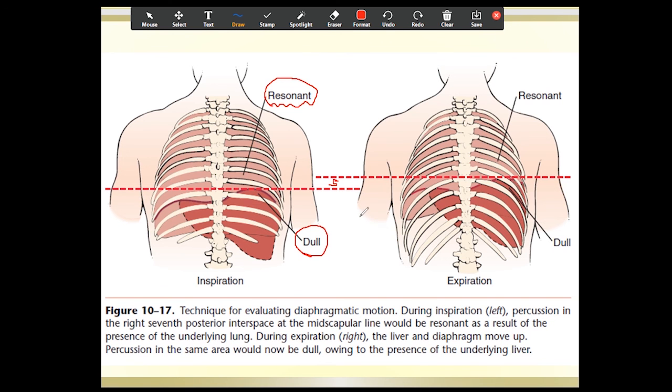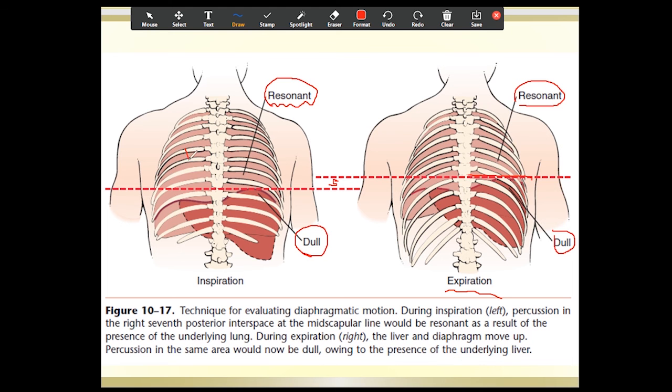So when people exhale, the lung gets smaller, the dull sound moves upward, and the resonant sound area becomes smaller.